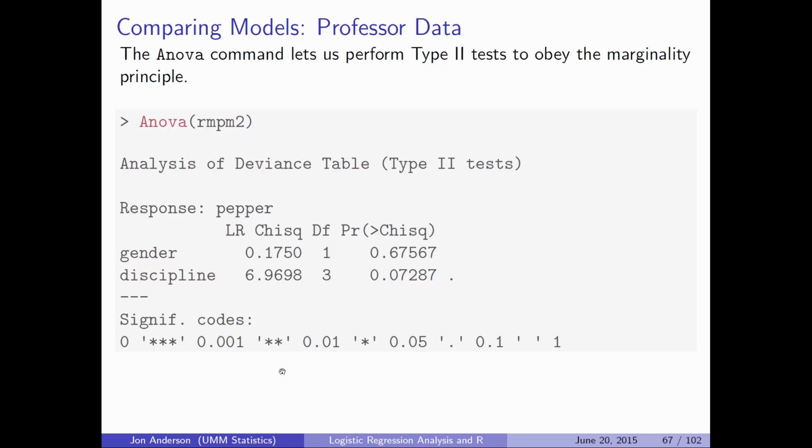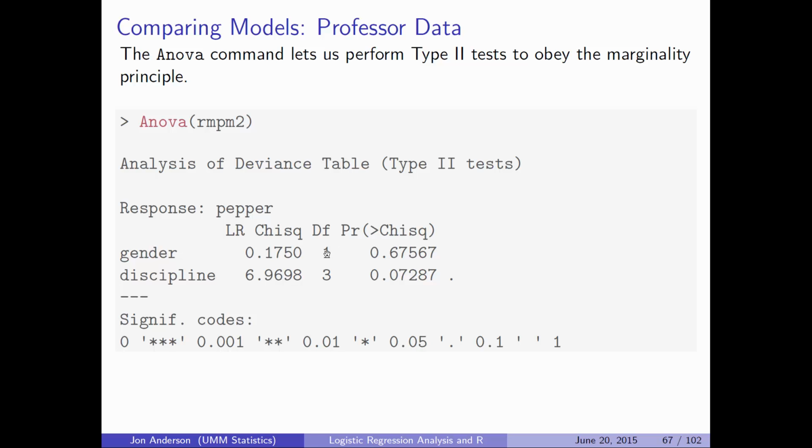Another kind of command which you've seen before is the capital A Anova command, and remember this is being invoked on the bigger model that has gender and discipline in it. And the way the capital A Anova command works, let me remind you, is it takes out one set of effects at a time. So what is the test for removing gender and examining the need for gender after you've adjusted for discipline?